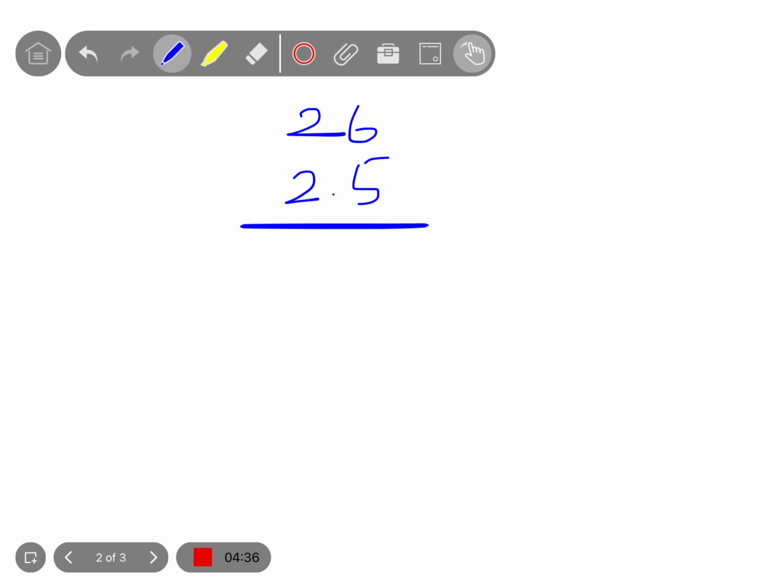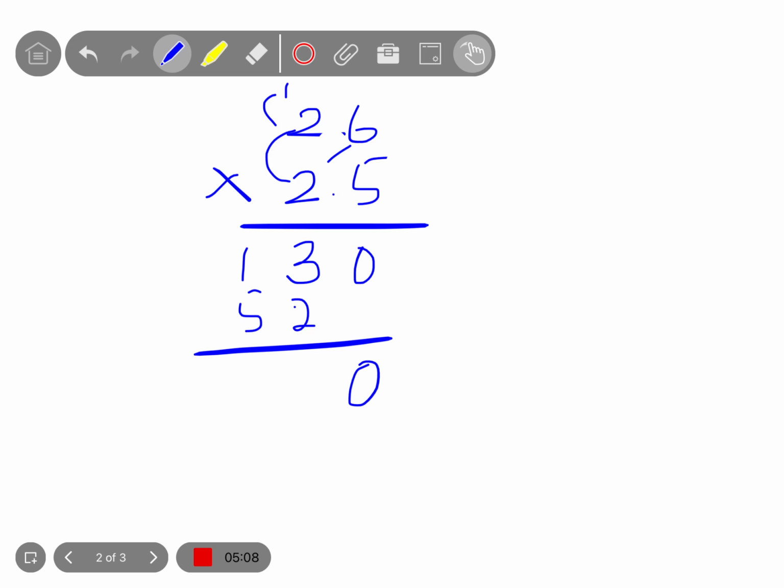How do you multiply these? 5 times 6 is 30, write 0 and carry 3. 5 times 2 is 10, and 3 is 13. Then you go to the other line. 2 times 6 is 12, write 2 and carry 1. 2 times 2 is 4, and 1 is 5.